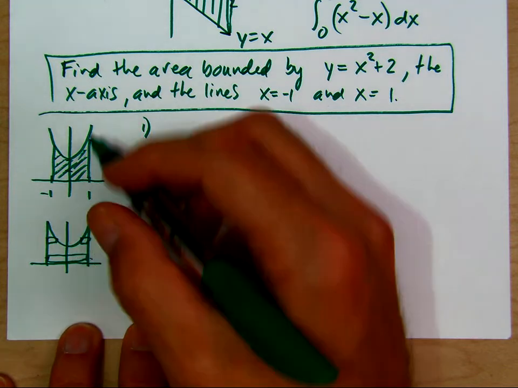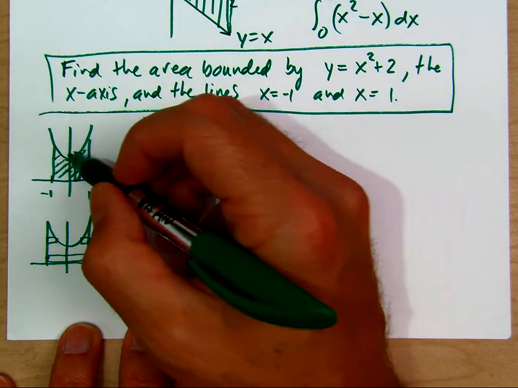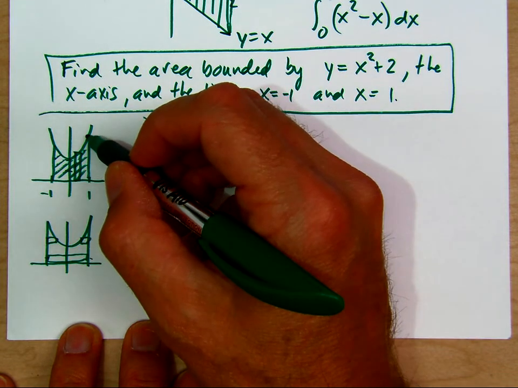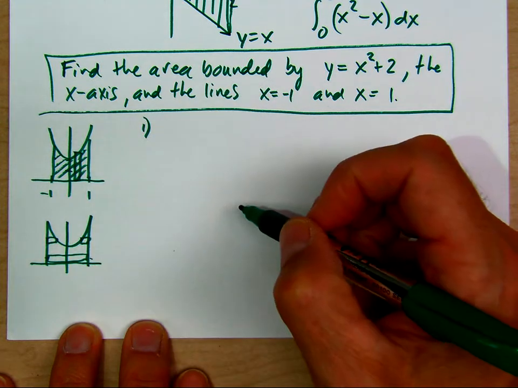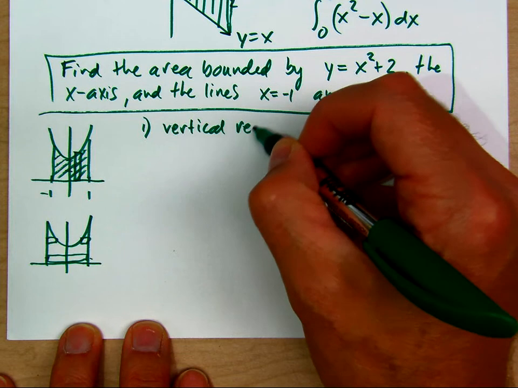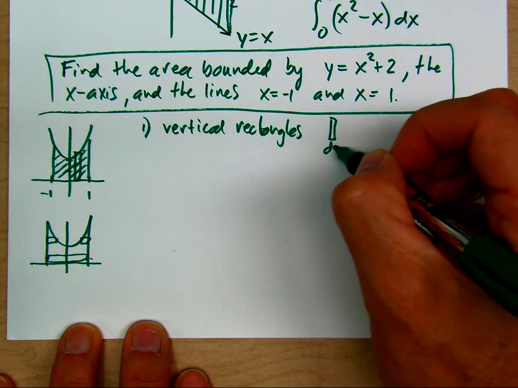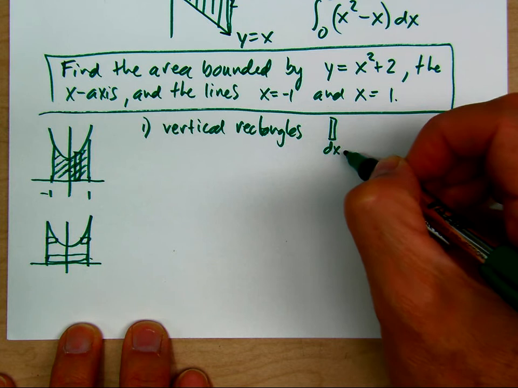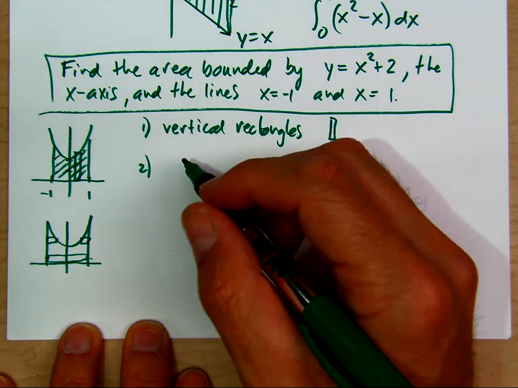So in this graph, it's better to use vertical rectangles because every vertical rectangle will have this graph as the top and this graph as the bottom. So we want to use vertical rectangles, and that means we're looking at dx. This tells us that we have to have our integral in terms of x.